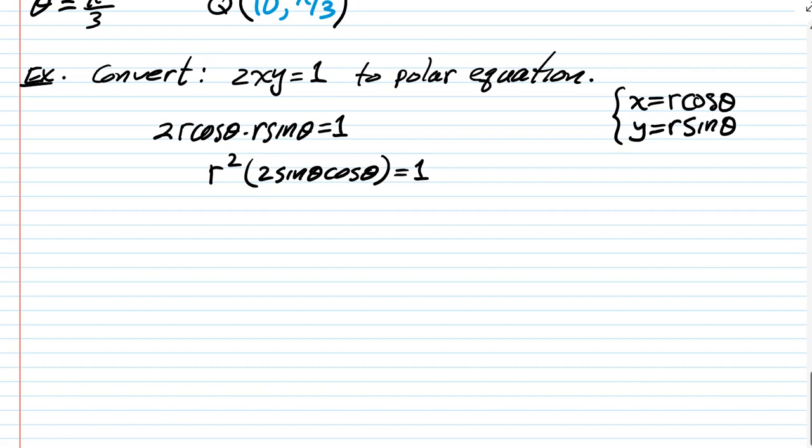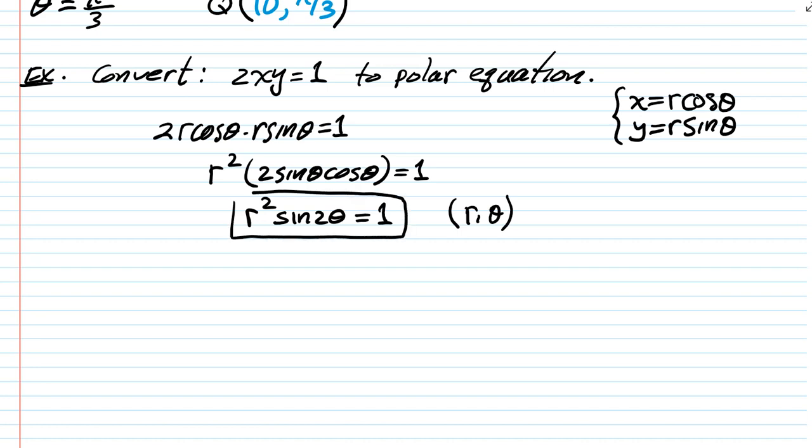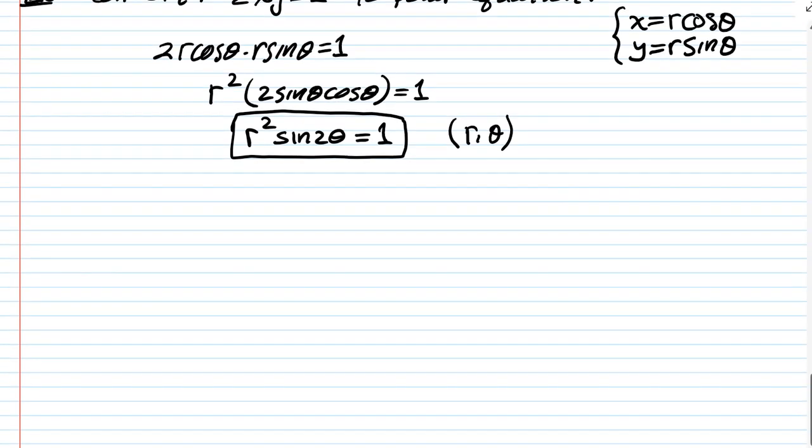And of course, we have the double angle identity for sine 2 theta is 2 sine theta cosine theta. So I can write this as r squared sine 2 theta equals 1. Remember, our equation is going to be in the form of r and theta. So we converted a Cartesian equation into a polar equation.